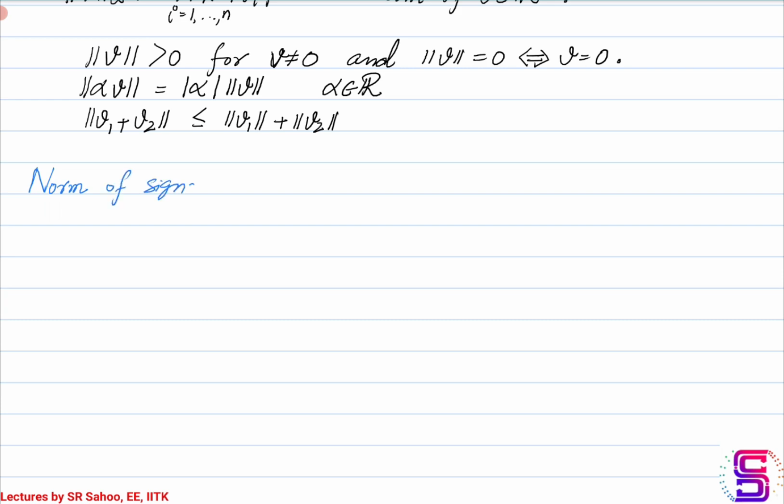We'll call those functions signals because they are varying in value with respect to time. So norm of signals: suppose f is a map from R to Rn. That essentially means that f of t is in Rn for t being in R.